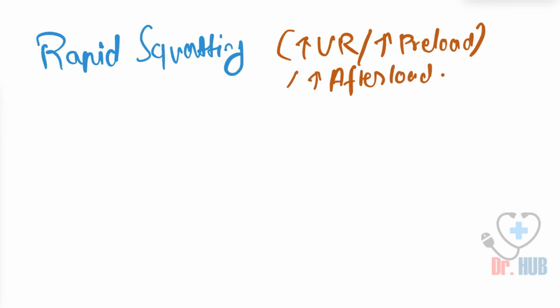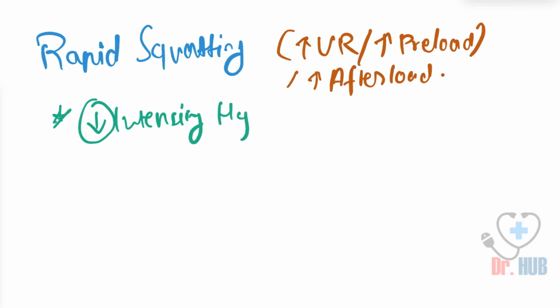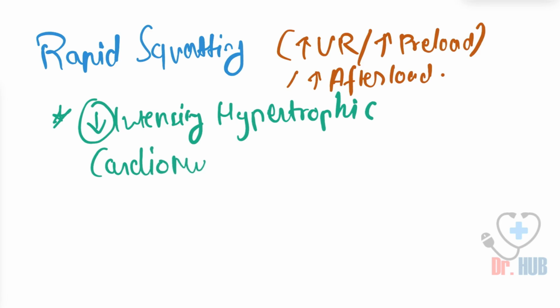When we look at the effect, there's a decrease in the intensity of the hypertrophic cardiomyopathy murmur.